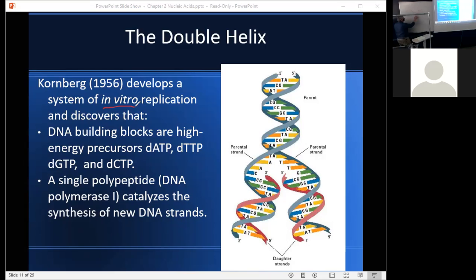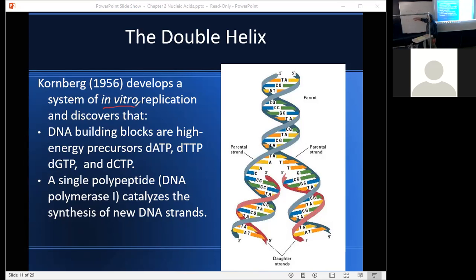But the 5-carbon sugar that makes up DNA is deoxyribose. Deoxyribose lacks a 2' hydroxyl. The nucleotides that make up RNA have ribose as the 5-carbon sugar, and ribose has a 2' hydroxyl.